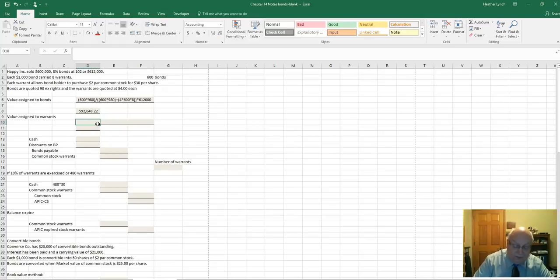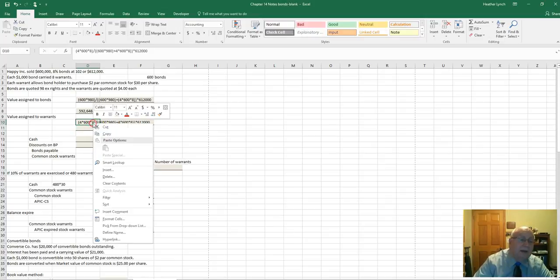Now for the value of the warrants, we do the same process except we take the $4 times the 600 times the 8, divide that by the same denominator, 600 times the 980 plus the 4 times the 600 times the 8, and then we take that number times the 612,000, just like we did before.